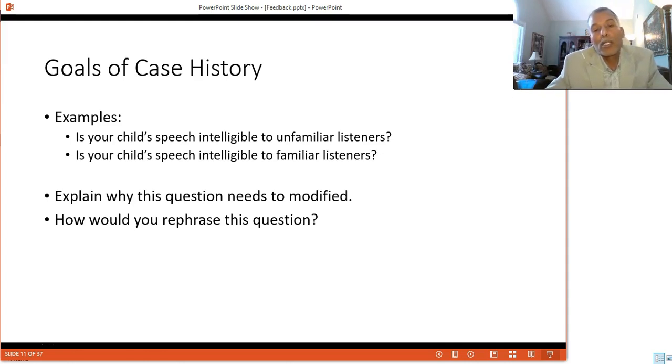There are basically two: intelligible to familiar listeners and to unfamiliar listeners. So state it more specifically: do you or other family members have difficulty understanding his speech? Do strangers have difficulty understanding, or do people have to ask him to repeat, or ask him many questions while he is speaking? The questions are an indication of difficulties.